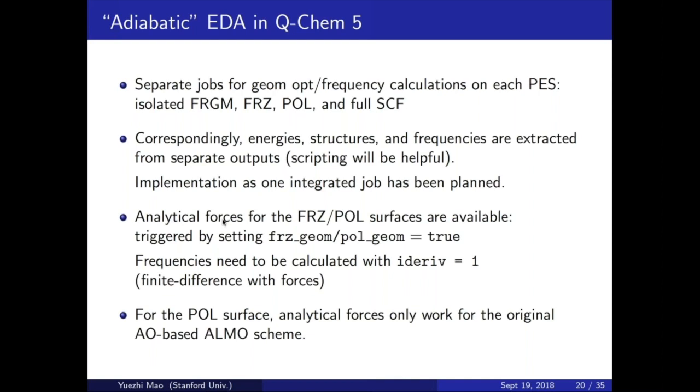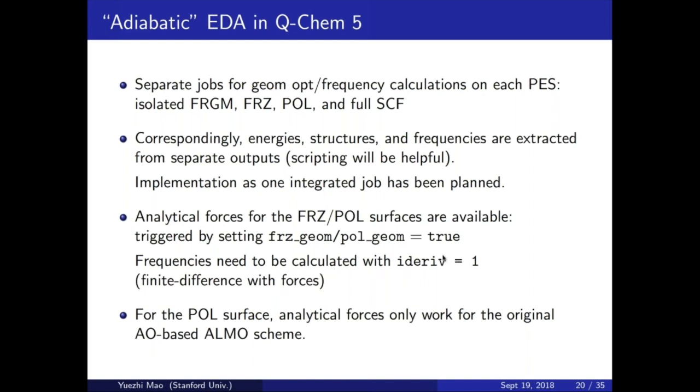Also, the analytical forces for the frozen and polarized potential energy surfaces are available, and they are triggered by setting FROZEN_GEOM and POLAR_GEOM to true. These are two variables. But for the frequencies, we only support the finite difference calculation with forces.